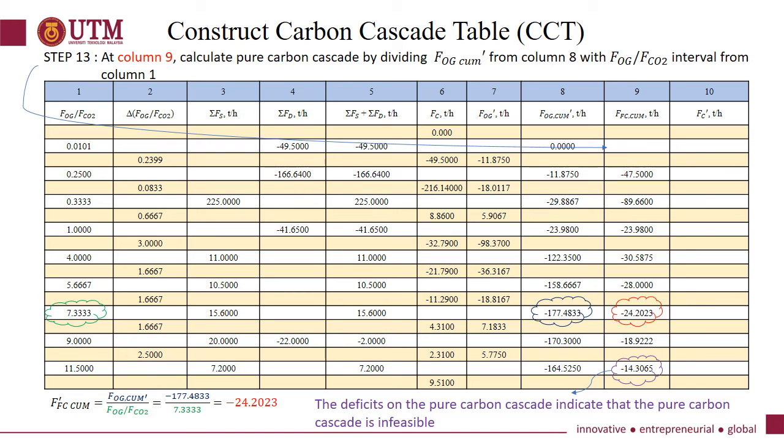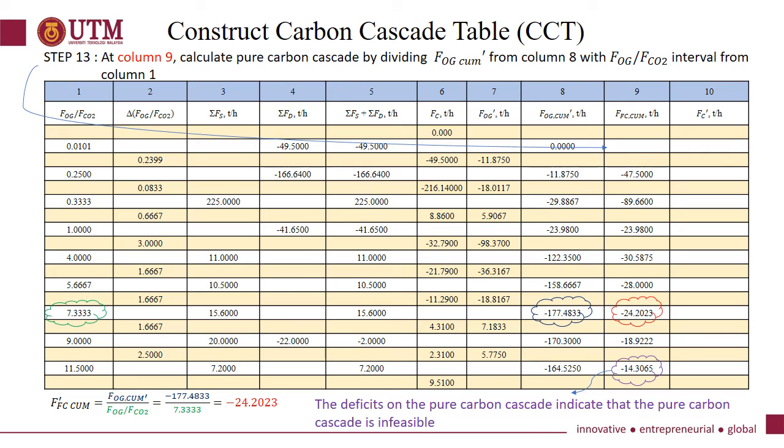We obtain the value of negative 24.2023 in column 9, which is circled with red color, by dividing negative 177.4833, circled with blue color, with its FOG over FCO2 interval 7.3333, which is circled with green color in the slide. The carbon cascade table in the slide shows the result after finishing the calculation for column 9.